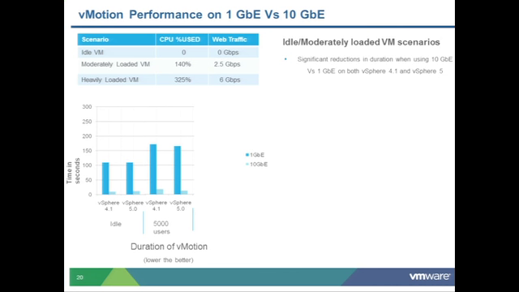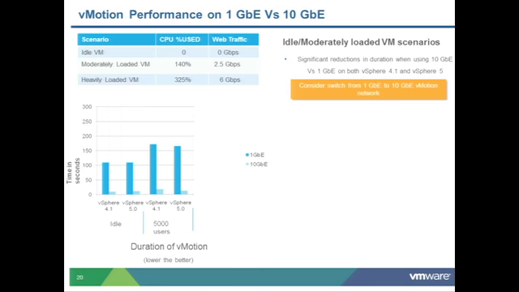As you can see, in both scenarios, the improvements were phenomenal. The improvements were in the order of 8 to 10x, mainly because we're able to effectively saturate the 10 GB bandwidth. So that brings us to the very first key takeaway here. If possible, you should seriously consider switching to a 10 GB vMotion network.